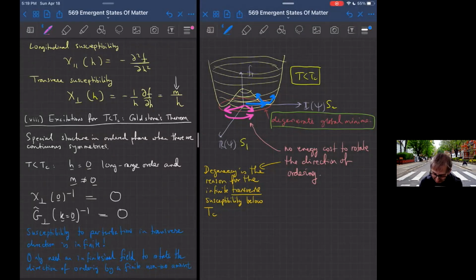So a longitudinal variation in M costs energy.